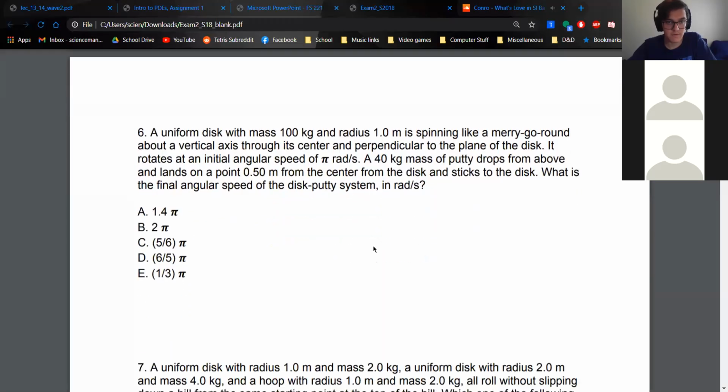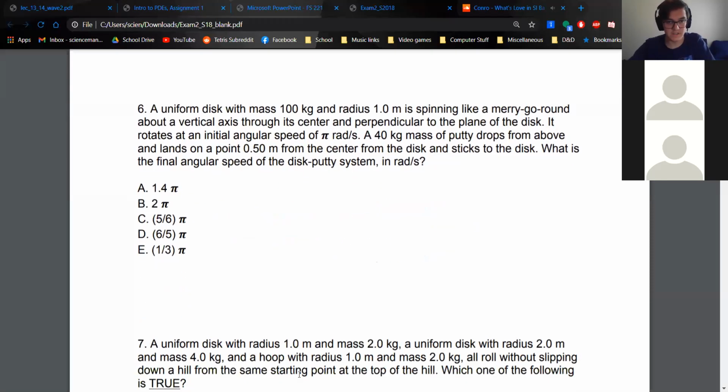Okay, so that's that problem. Now we move on to something a little bit more interesting. We've got a uniform disk with a certain radius. It's spinning, and then we drop a huge mass of putty on it, and it sticks to this thing.